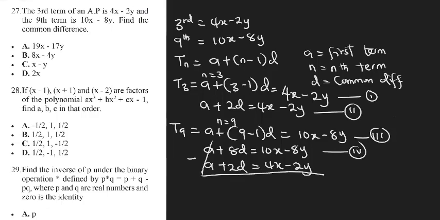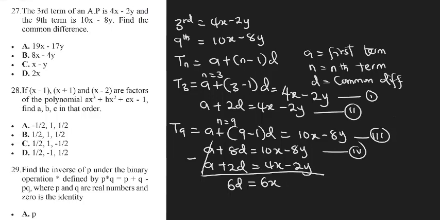This a will go, right? Then we have 8d minus 2d, which is 6d, is equal to 10x minus 4x, which is 6x, right?